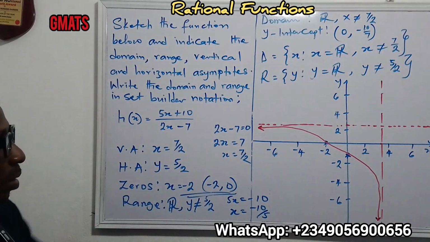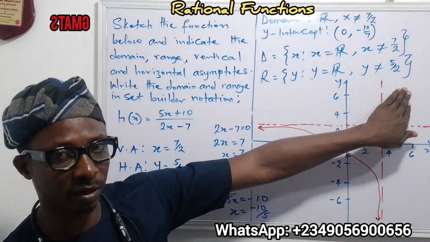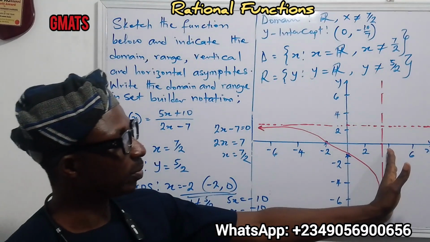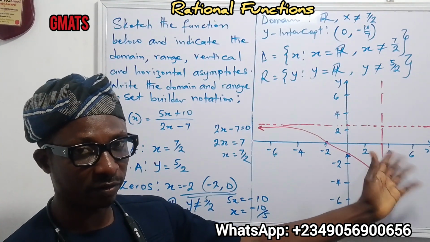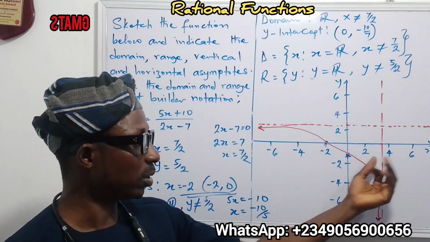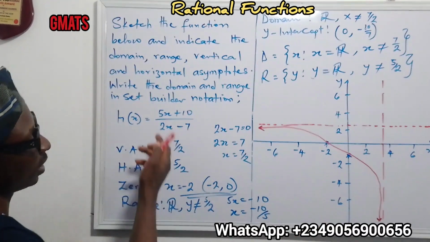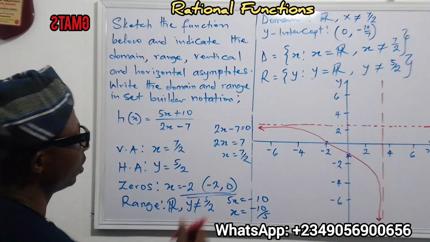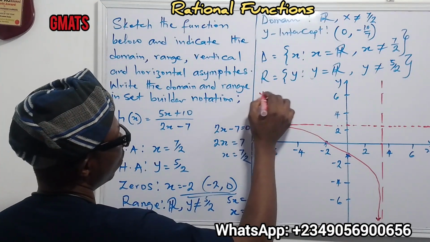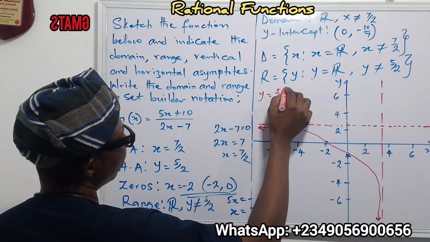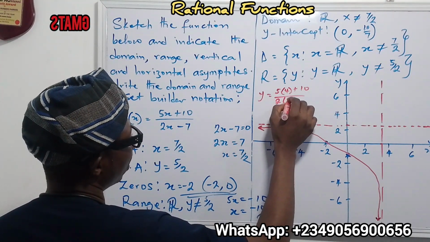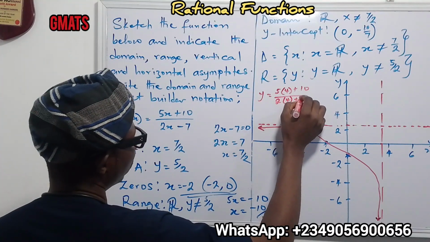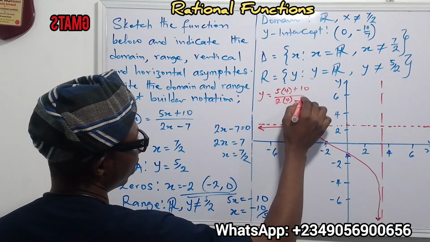Now we are going to have another curve here. Pick any number. It can be 5, 6 or 7, but let's pick 4, a small number that is closer. Now let's plug in the value of 4 here. So we have y equals (5 times 4 plus 10) over (2 times 4 plus minus 2 minus 7).